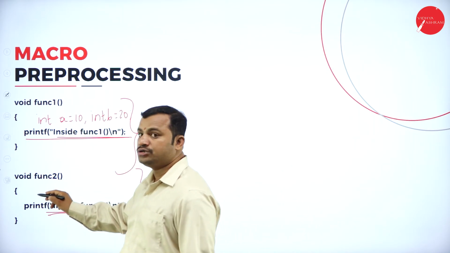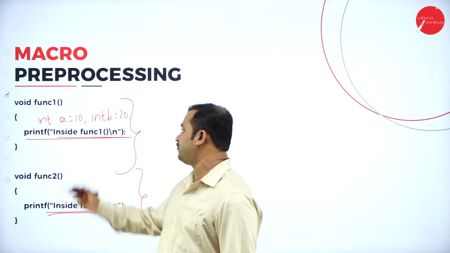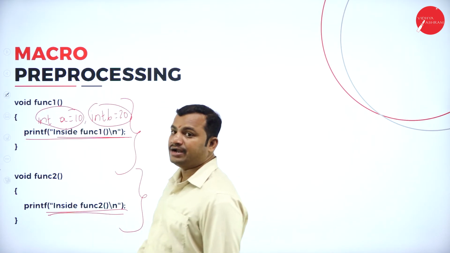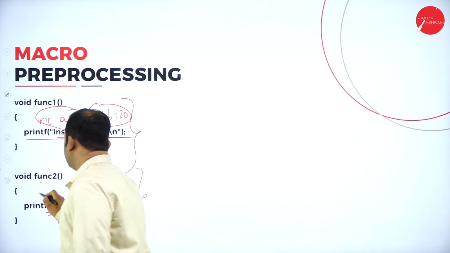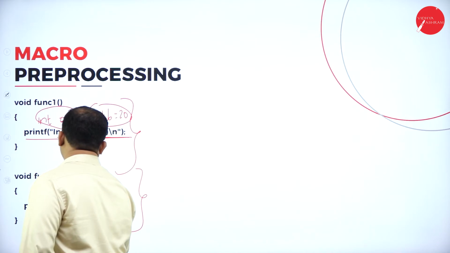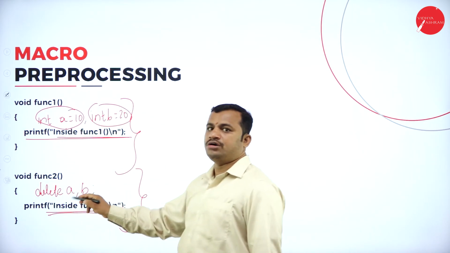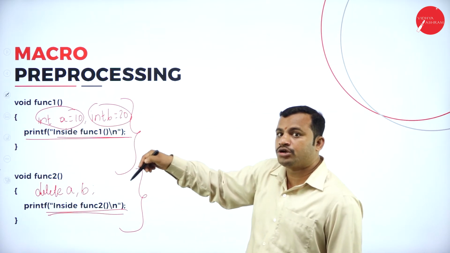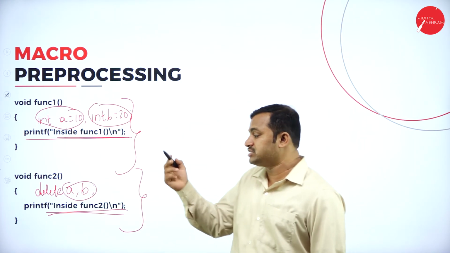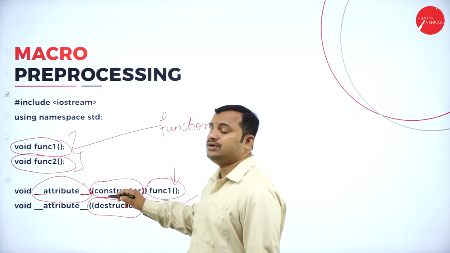But within function 2, you need to free up the space allocated to int a and int b. If that is the case, you can use the delete operator. Delete a, b. This deletes or destructs the memory locations which are assigned to the variables a and b. That is the destructor. It is working as a destructor.